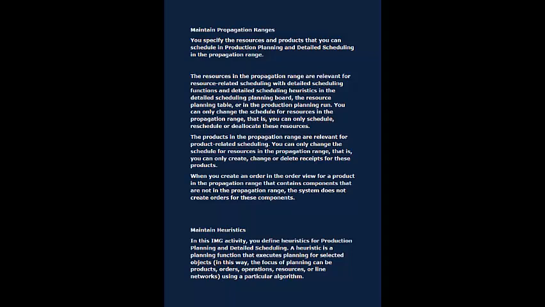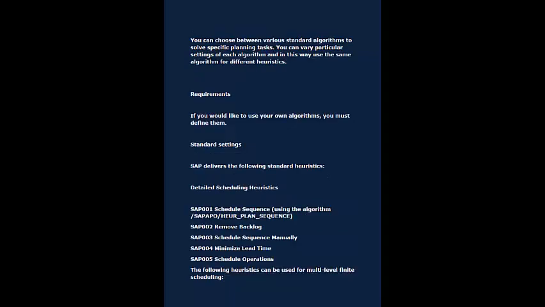Heuristic is a planning function that executes planning for selected objects, for products, orders, operation, resource, using a particular algorithm. So we can use various standard algorithm to solve specific planning task.